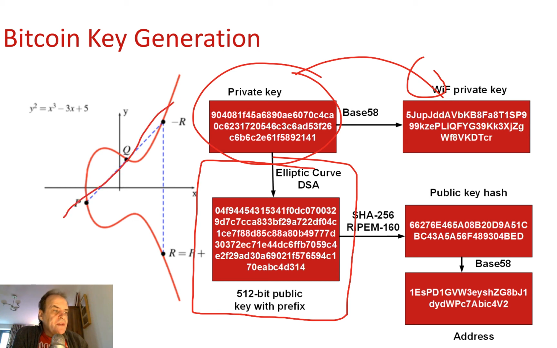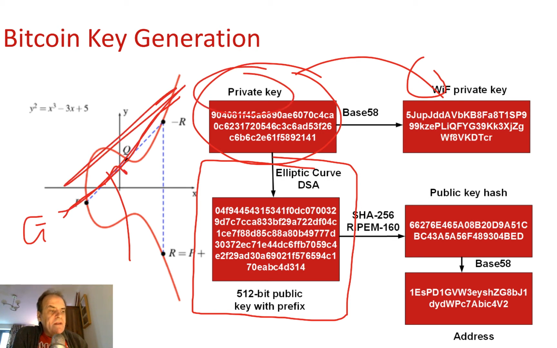Okay, so we've got this, we use a G value here. We create our private key, which is obviously this, and that becomes the gradient. And then from this we can derive the public key. That's then used to create a public key hash, and then we expose our address to be used for someone to send transactions to us.